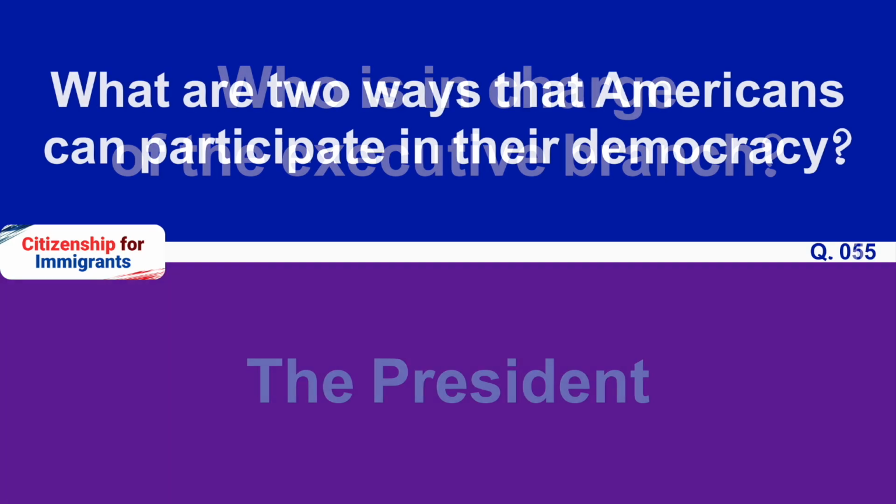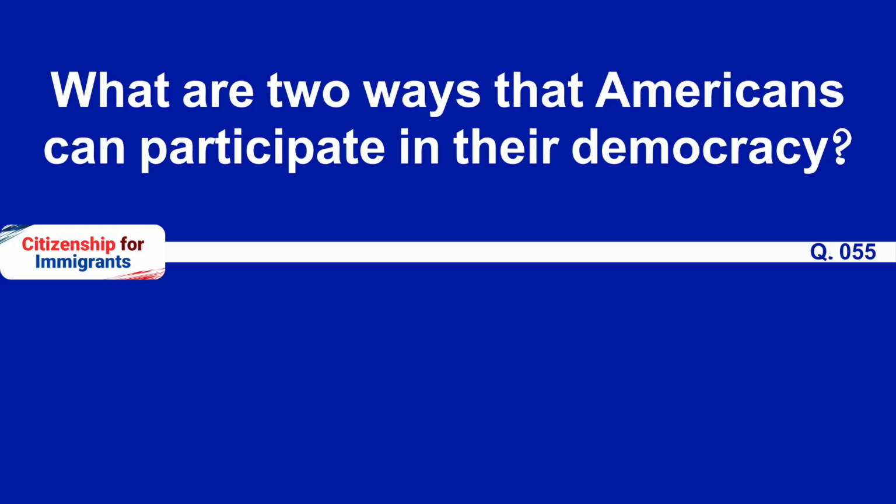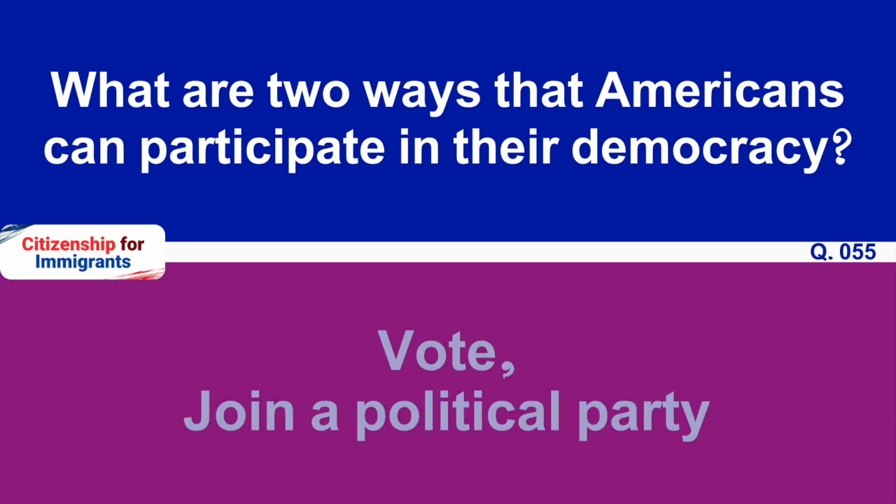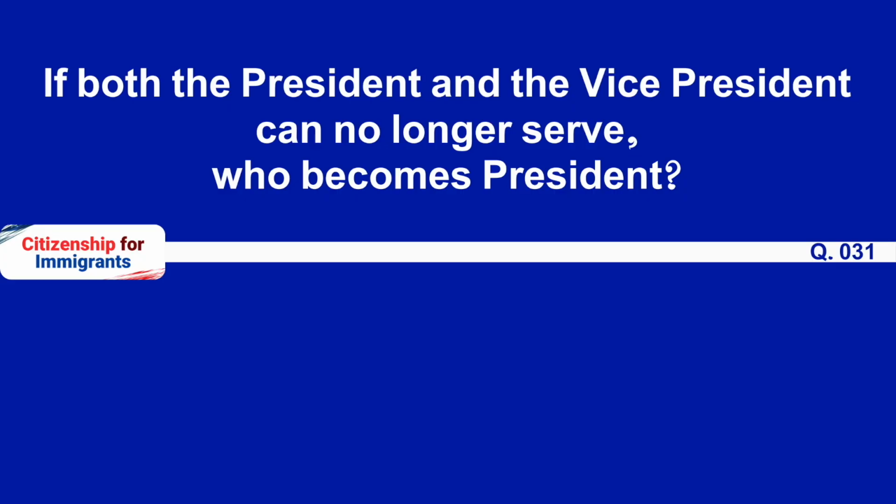What are two ways that Americans can participate in their democracy? Vote. Join a political party. If both the president and the vice president can no longer serve, who becomes president?